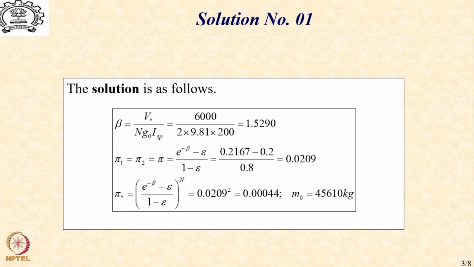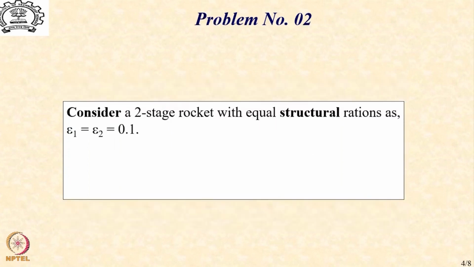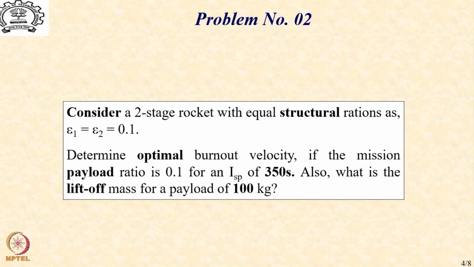Let us now look at the problem of a two-stage rocket, again with the equal stages, but this time we use the payload as the constraint, saying that payload is very small.